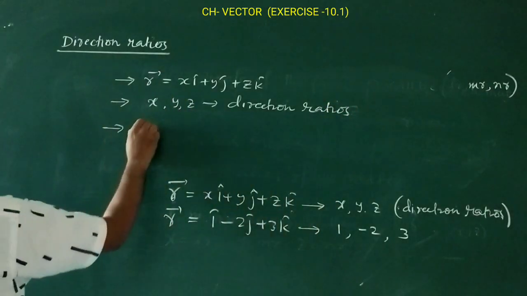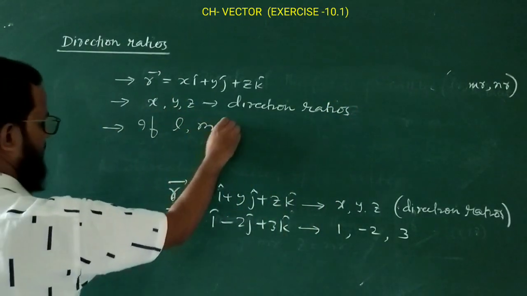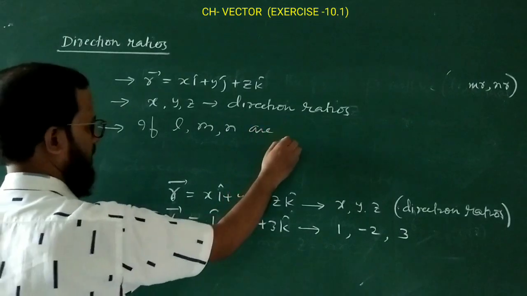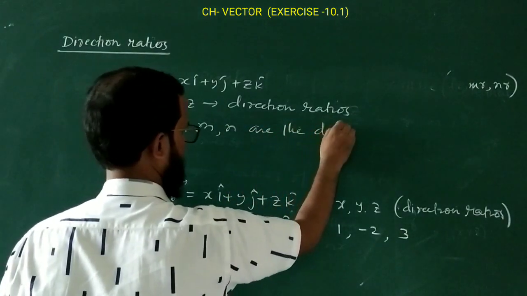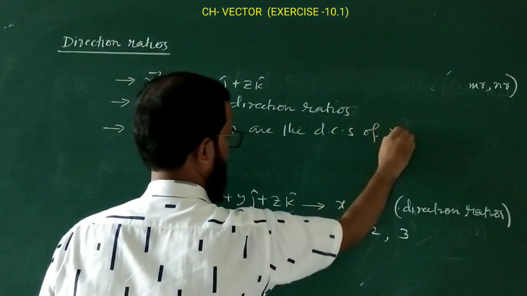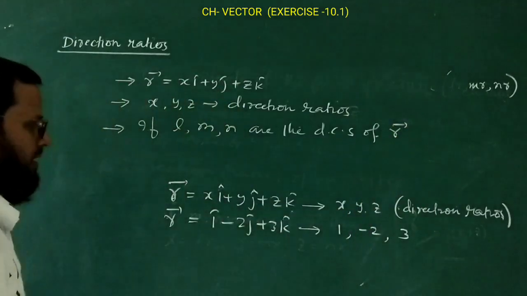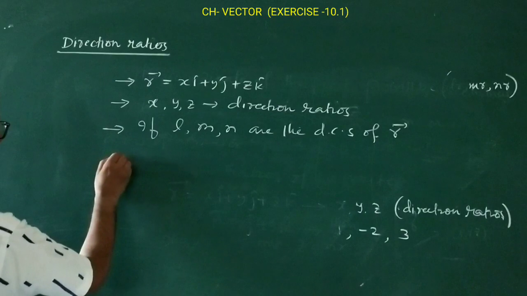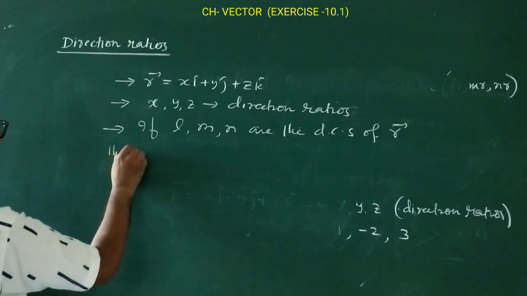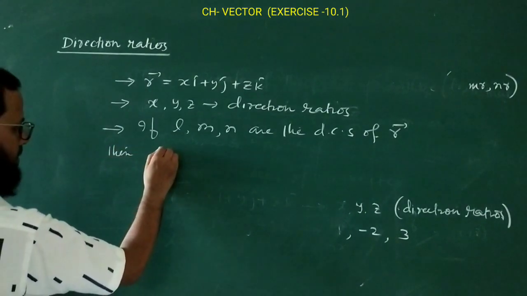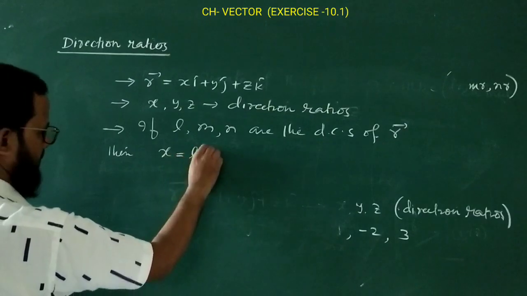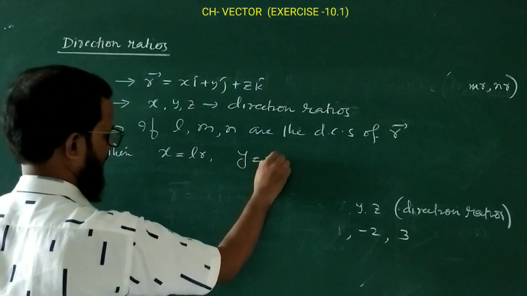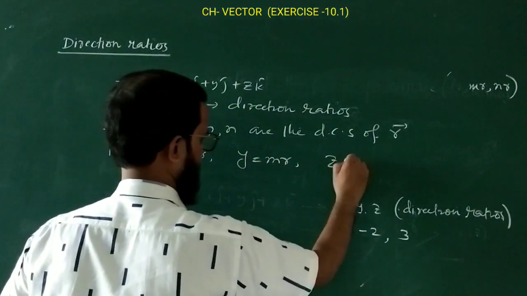Next, if l, m, n are the DCs of R vector, then what is the relation you get? You get x equal to lR, y equal to mR, and z equal to nR.